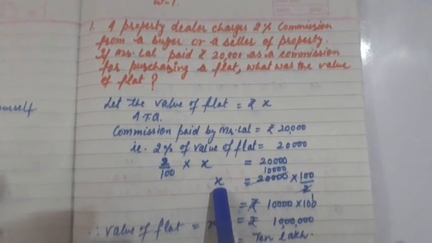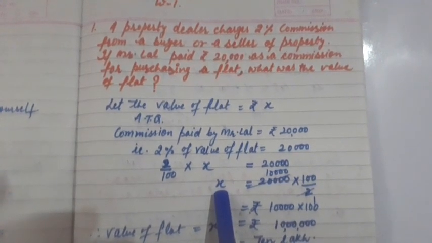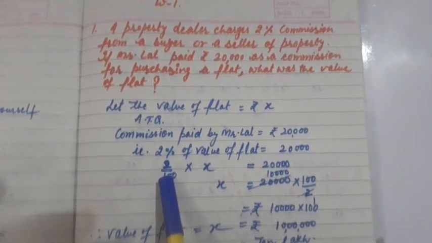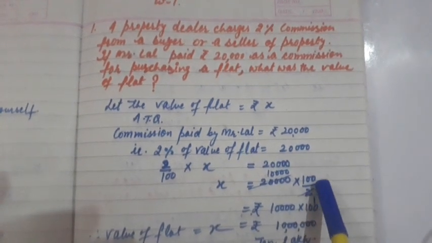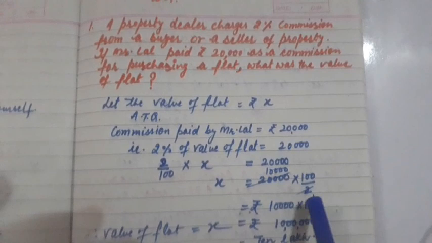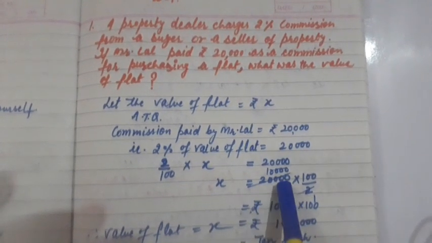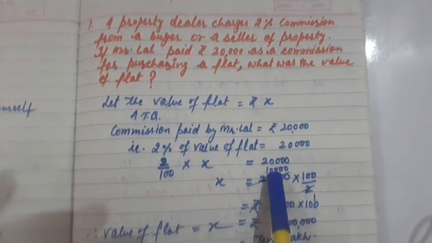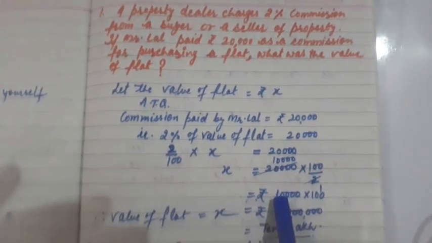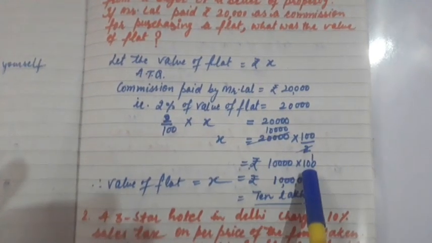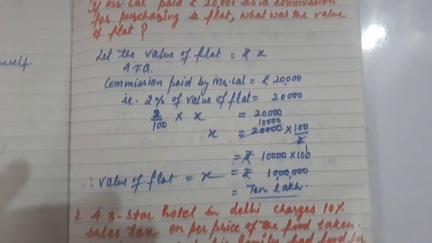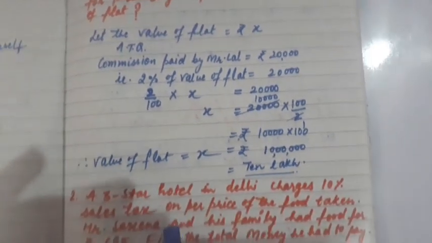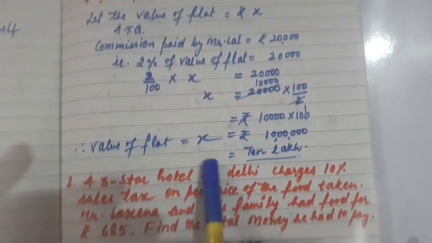Therefore the value of flat x is equal to 20,000 into its reciprocal, 100 upon 2. When we cancel 20,000 by 2, we get 10,000 into 100, so it becomes 10 lakh. Therefore the value of flat is equal to 10 lakh.